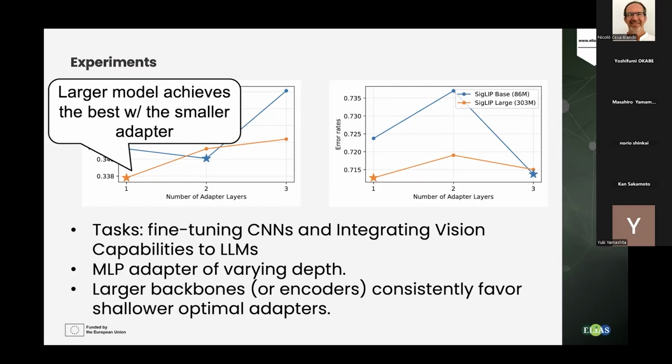The best error achieved for each pre-trained model size is denoted by the star. So we can see that by using the larger pre-trained model, the orange one, the number of layers to achieve the best error is smaller. The best error can be achieved with fewer layers compared to the smaller pre-trained model. That's consistent with our theoretical result.